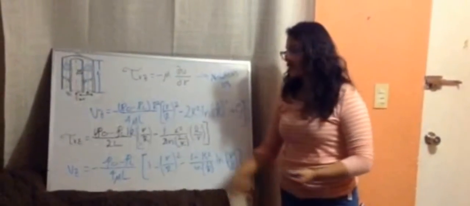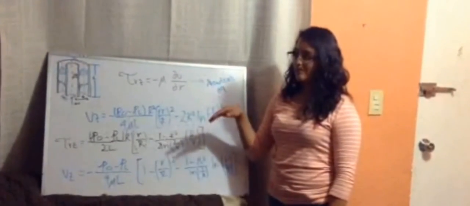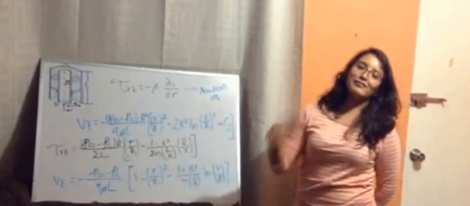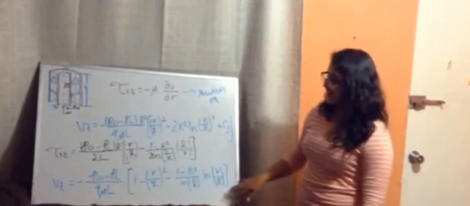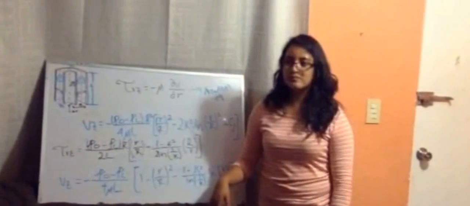And now the velocity is minus the difference between P0 minus PL divided by 4 mu L times 1 minus r divided by R, squared, minus 1 minus K squared divided by logarithm of 1 divided by K, times logarithm of r divided by R. So this is our velocity, our general equation.